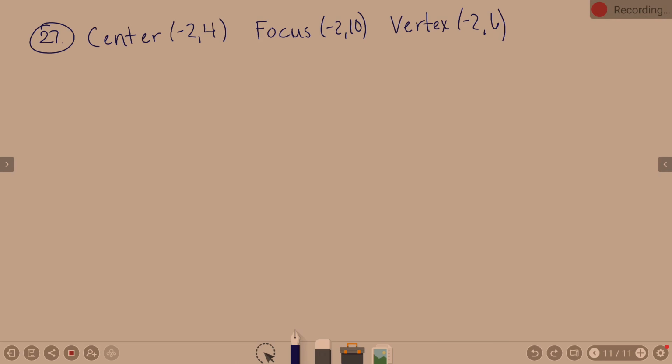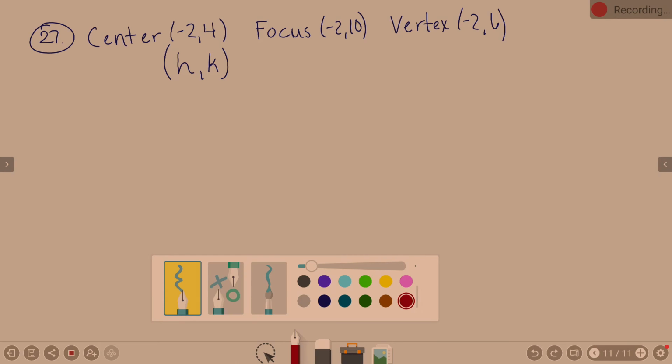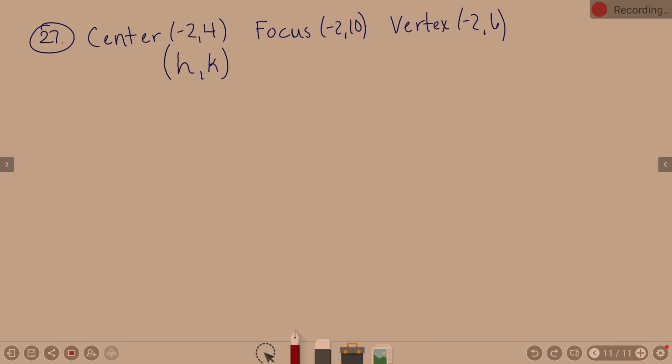The center of negative 2, 4 tells me my h and k values, yes? Now, what you need to remember is that when we talk about foci and vertices, is this left column or right column?